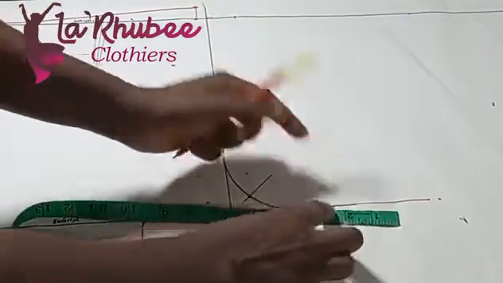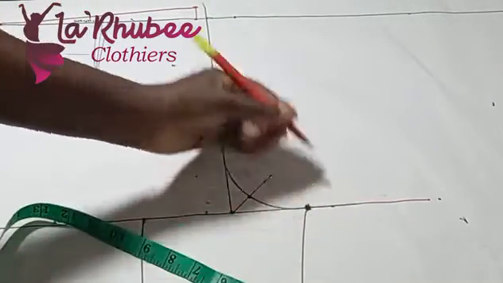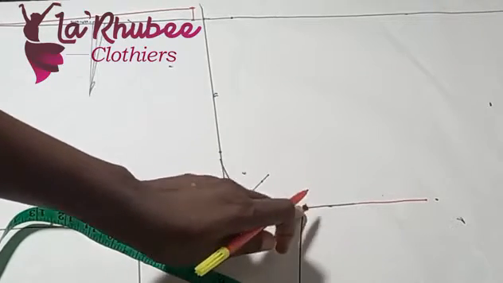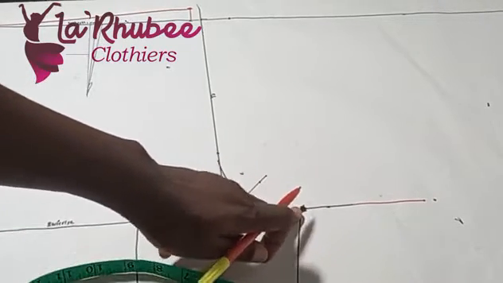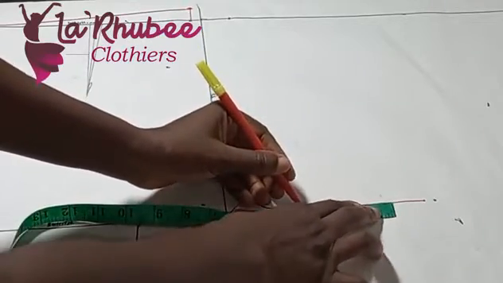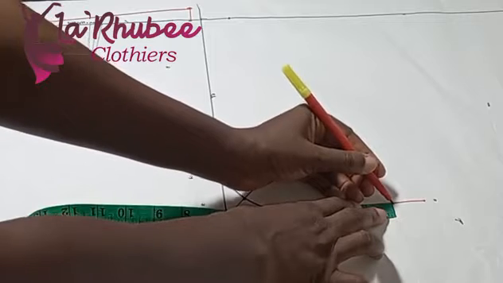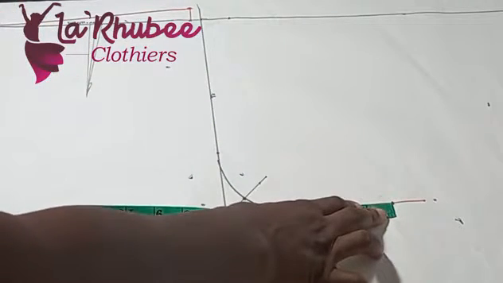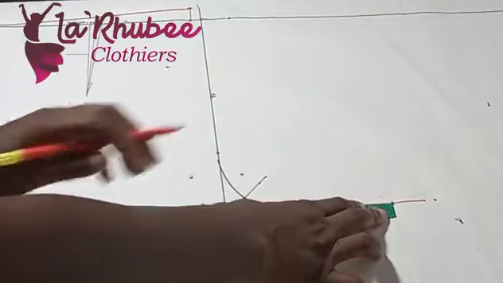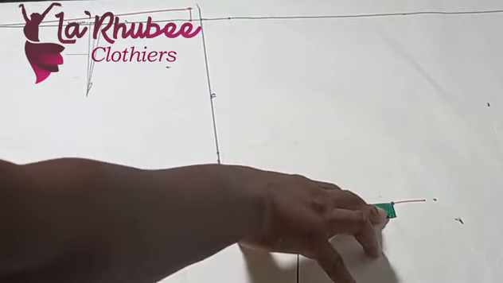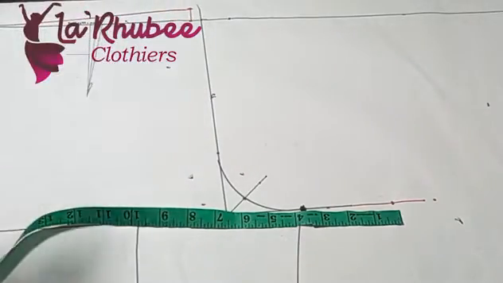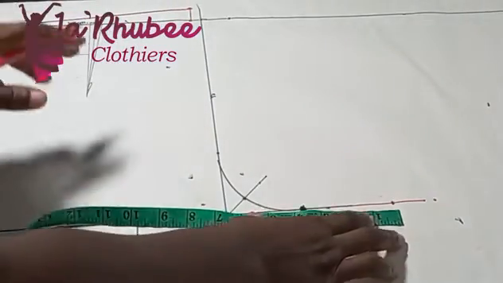So I'll mark 3.5 from where my front crotch ends. That's because for hip 40 to about 42, you should do 3.5. From hip 43 and above, you can do 4 inches, while hip 36 to 39, you do 2.5.